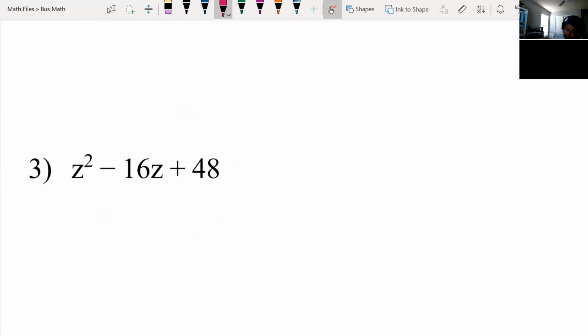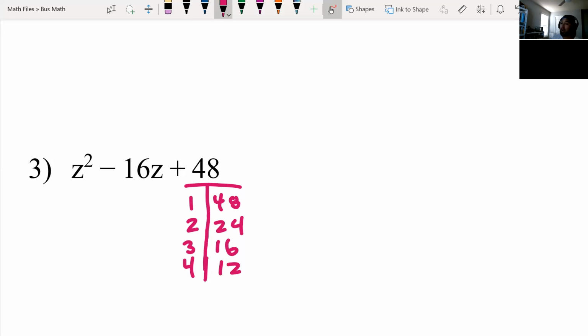Again, just make a chart for all the factors of 48 that can possibly make 16. So 1 and 48, 2 and 24, 3 and 16, 4 and 12, 5 no, 6 yes, 6 and 8. And I think that's all our factors.